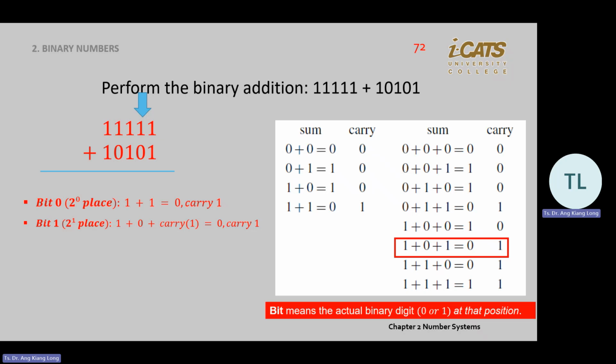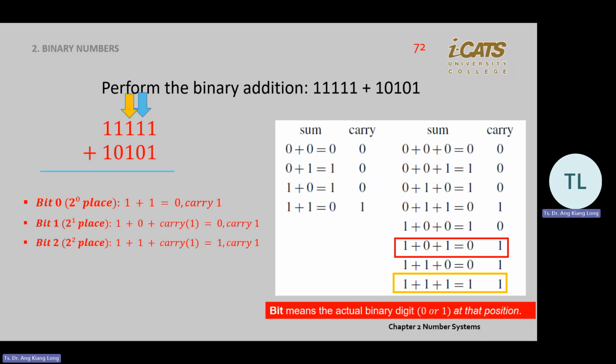Only the first set uses this one. So bit 2, you see this yellow one. Bit 2 is 1 plus 1, but remember you carry 1 from the previous one. So 1 plus 1 plus carry 1 equals 1, carry 1.